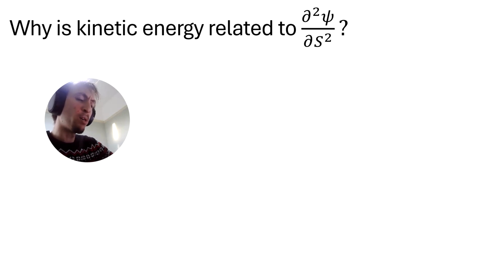And this will give us some explanation for why the kinetic energy operator is a second order derivative in a very general case. Now to do this, I'm going to be looking at a group of wave functions which are stationary state wave functions, so that is the wave function is time independent.